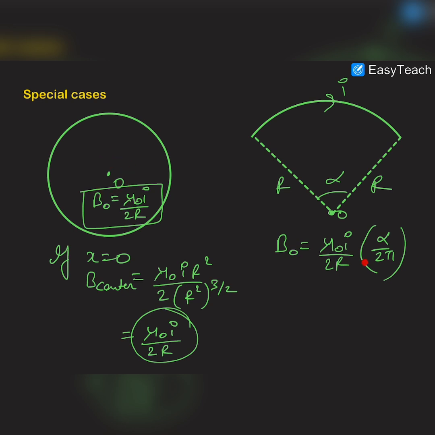If we proportionally divide to find the magnetic field due to an arc, we can simply multiply this expression with alpha by 2 pi, which is the proportional length of this arc as compared to the ring. So this will be the formula.